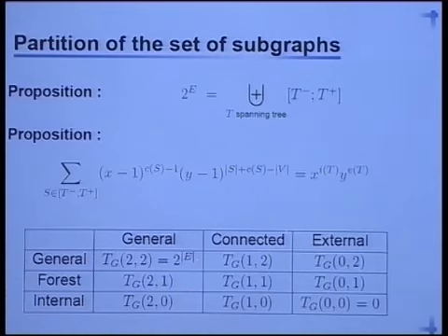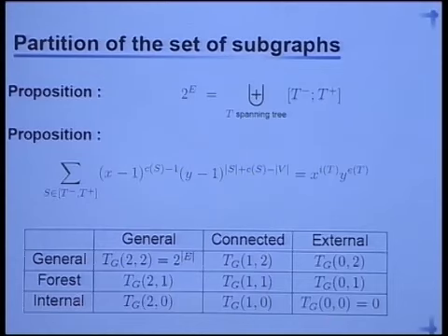Okay. And also you can see that the Tutte polynomial is counting some natural class of subgraphs in this way. So here you know what connected and forest mean, but external: a tree is external if all the active edges are external, and a subgraph is external if it is in an external tree.